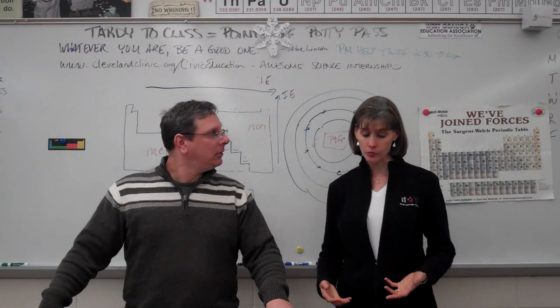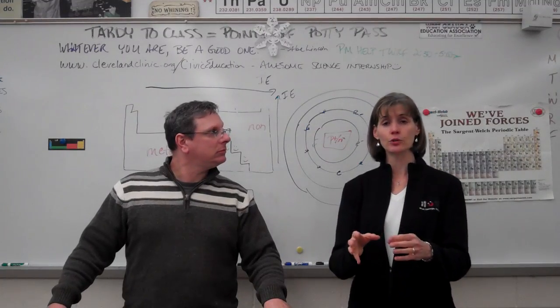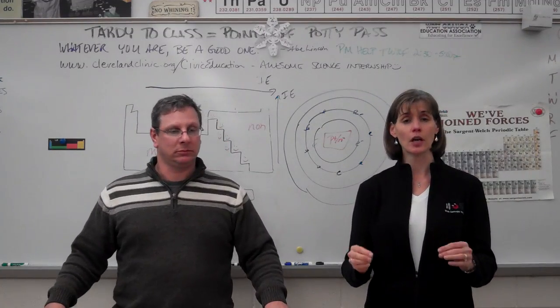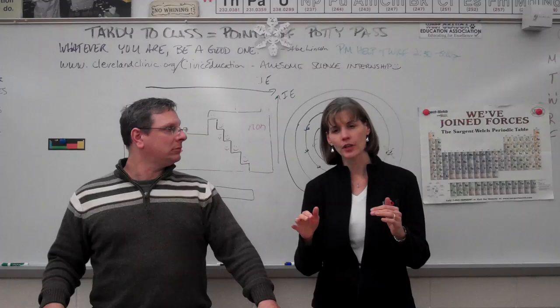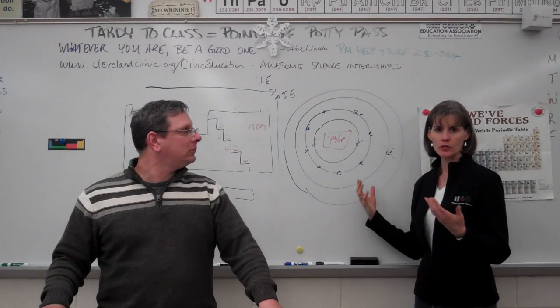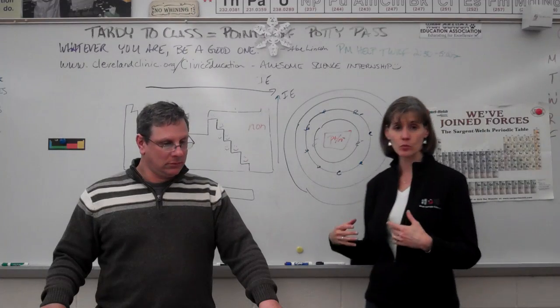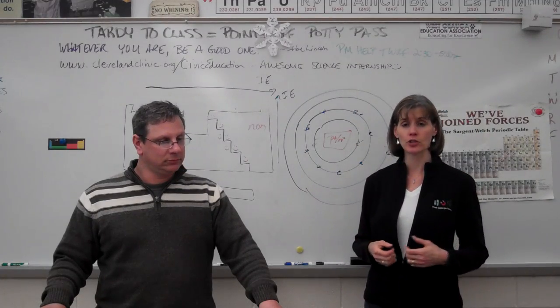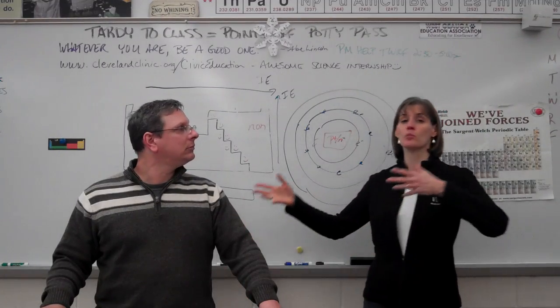But this data has been determined experimentally and it's published in tables. And in some of these questions, we're actually going to give you the ionization energy numbers and look for the pattern there. When you take away one, that's going to take a certain amount of energy. When you take away the next one, that's going to take more energy. When you take away the next one, that's going to take even more energy.